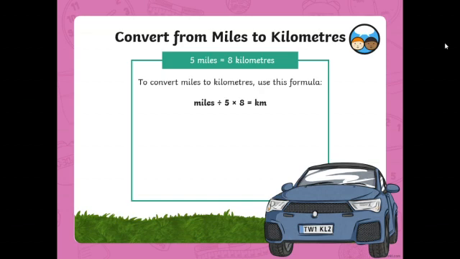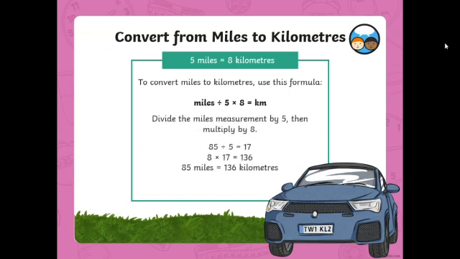Now how that works is that in this example we've got 85 miles. To work out how many kilometres there are, the first thing you need to do is work out how many lots of 5 miles there are in 85. So to do that I divide by 5, so there's 17.